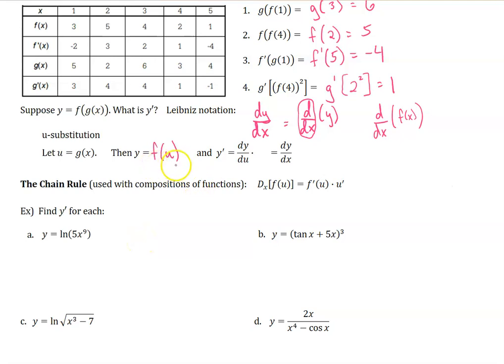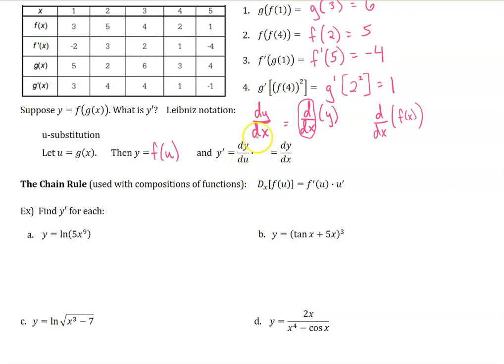All right, so it's f of u, and then using this Leibniz notation, we want to find the derivative, so y prime, okay? But what we're actually looking for when we say y prime, since y is originally defined in terms of x, we're looking for dy over dx, all right? But if this expression is now in terms of u, then when we take the derivative of this, we're getting dy over du, the derivative with respect to u.